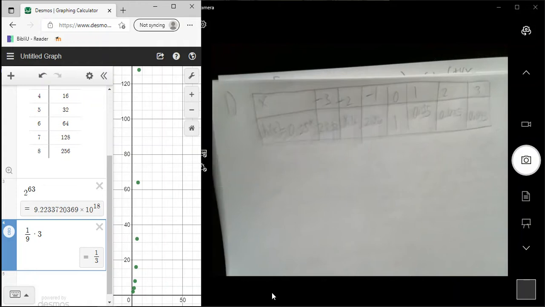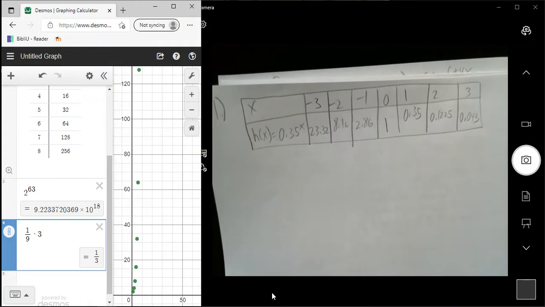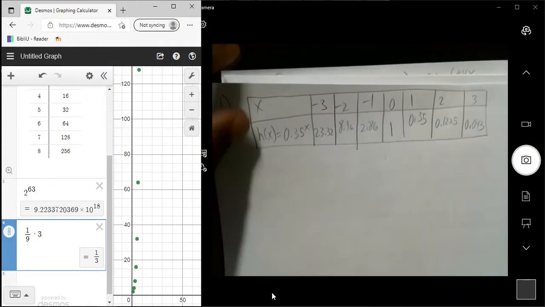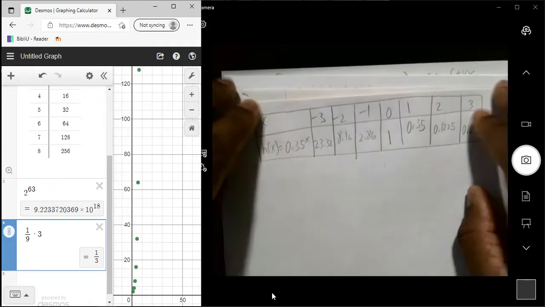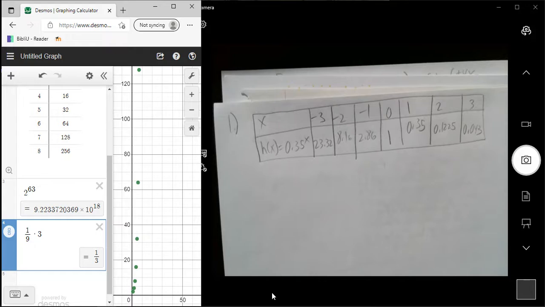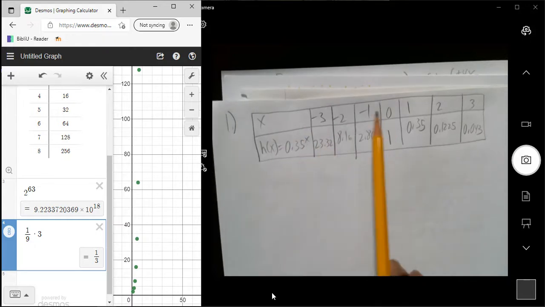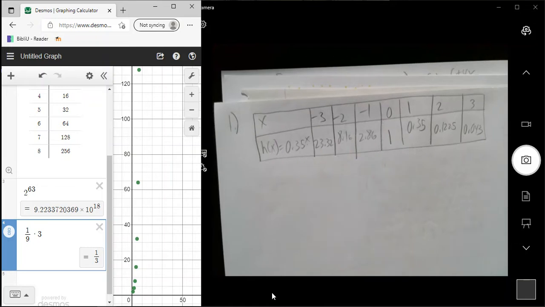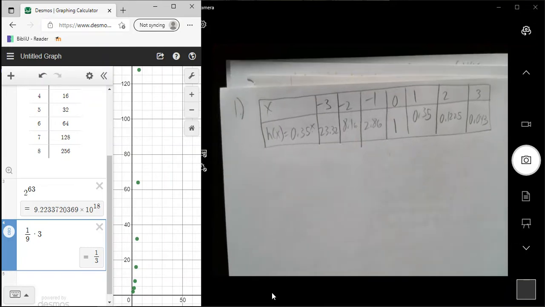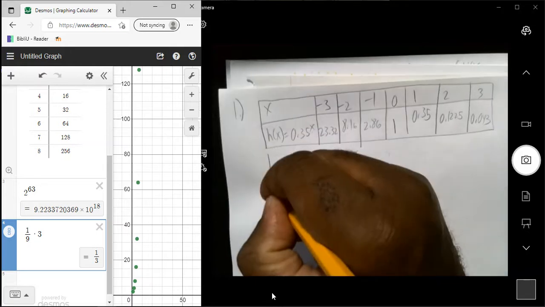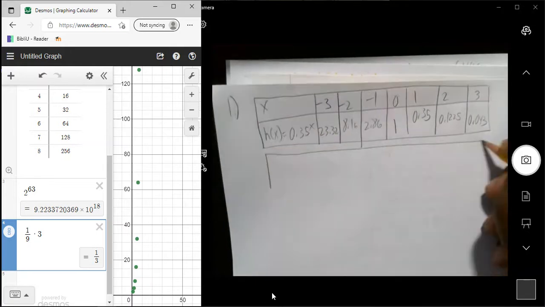Now, I took the liberty of writing out the answers because you could basically just go right to your calculator and put in these values, -3 for x, -2 for x, -1 for x, and get your answers for the y. So we really didn't need to take an extensive time for that because we actually did that in previous lessons.